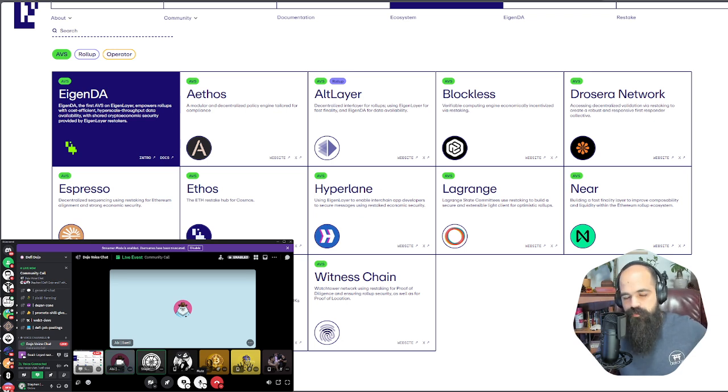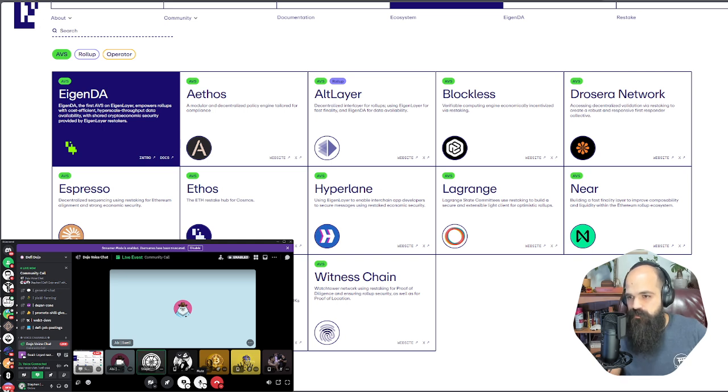Correct me if I'm wrong, but it is almost as if AltLayer is to Eigen maybe what Dymension is to Celestia. I'm only saying that because AltLayer seems to be infrastructure that allows people to come and set up a chain that has pre-existing finality, data availability, and security.